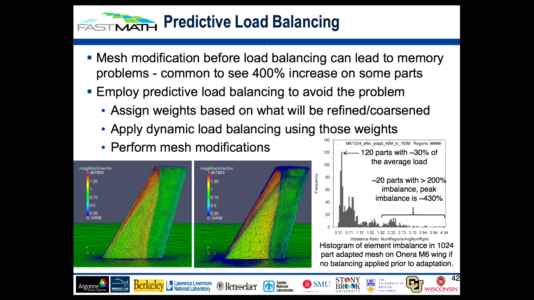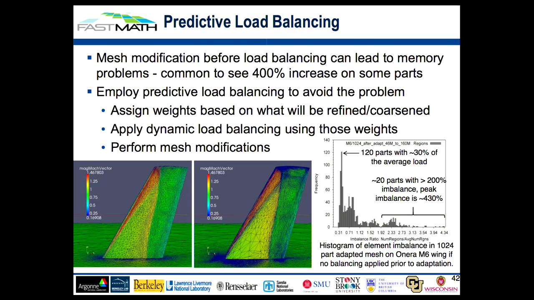Finally, if you're doing mesh adaptation, you probably want to actually do predictive load balancing. That is, I have a mesh that I'm going to adapt. I want to repartition it before I actually carry out the adaptations, where I'm going to assign weights based on what the mesh adaptation procedure is telling me.